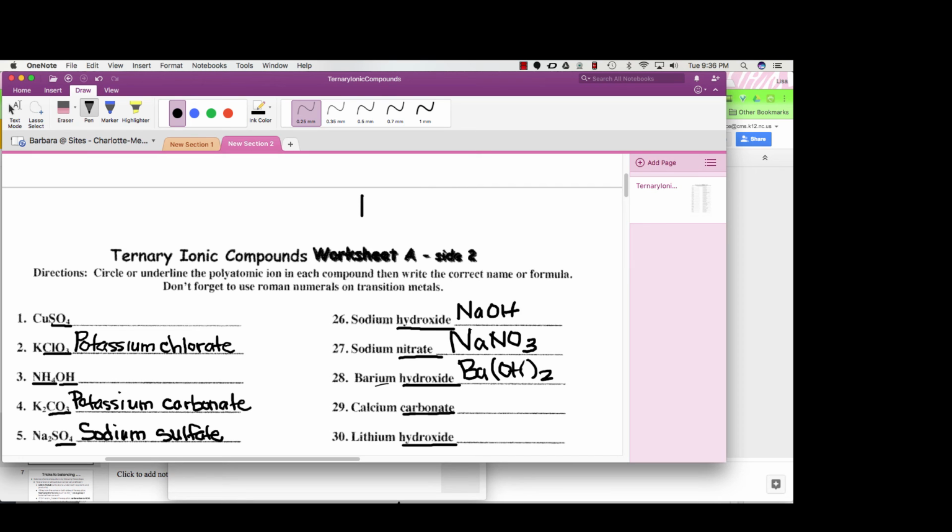Looking at the next example, calcium carbonate. Calcium has a charge of +2. Carbonate has a charge of -2. A +2 and a -2, that's a 1-to-1 ratio between charges. We need 1 calcium ion to balance 1 carbonate ion. So those reduce.